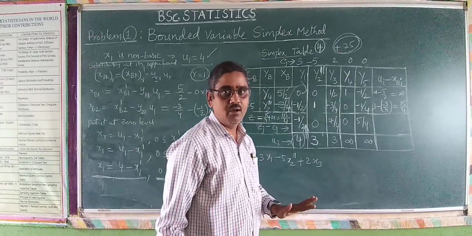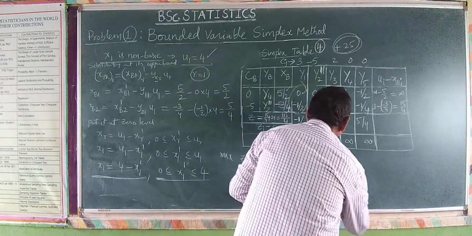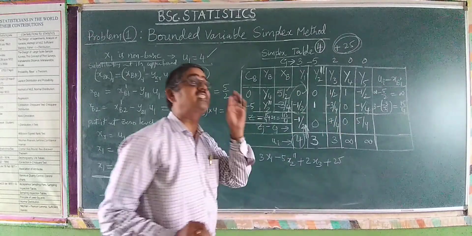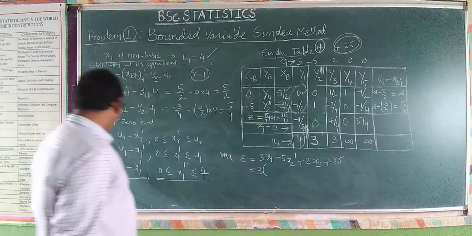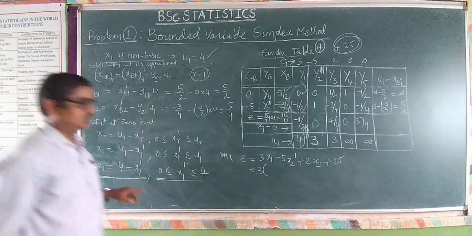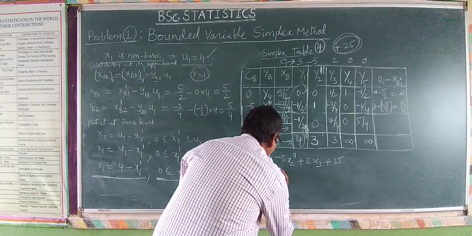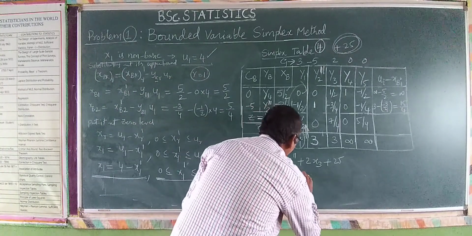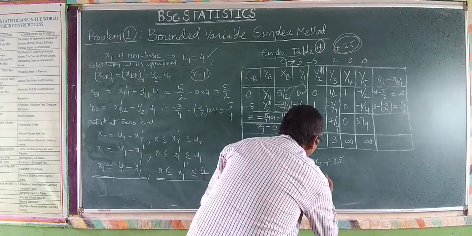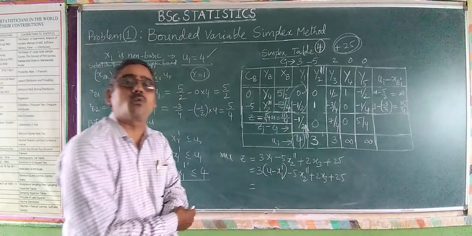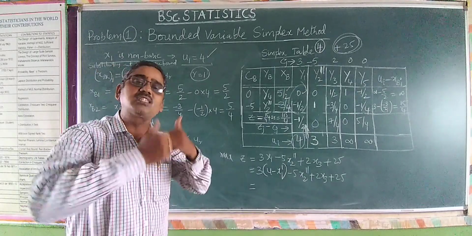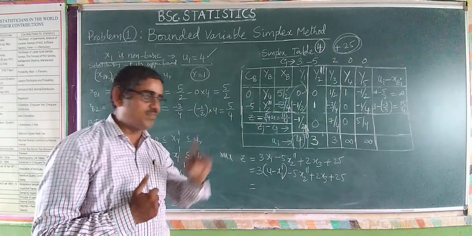I am not writing them for the time being, plus 25. I am only observing the changes. So it is equivalent to, now x1 is 4 minus x1 dash, that is 3 into (4 minus x1 dash) minus 5 x2 double dash plus 2 x3 plus 25. Now you have to observe what changes took place in the objective function.